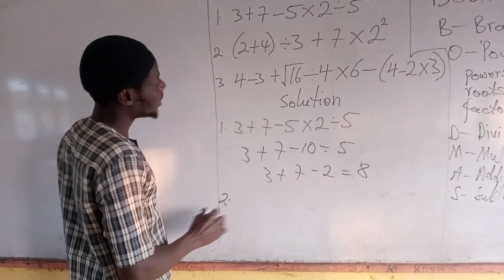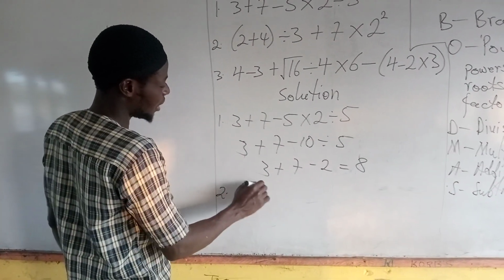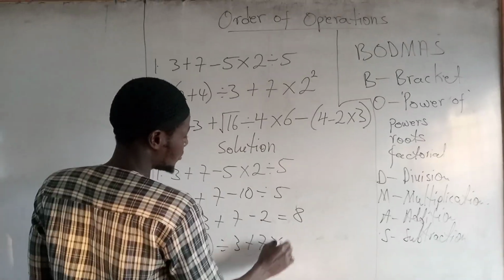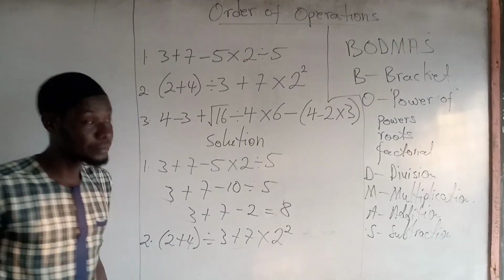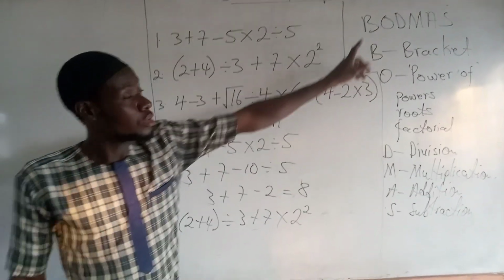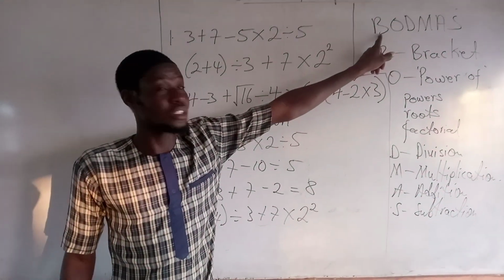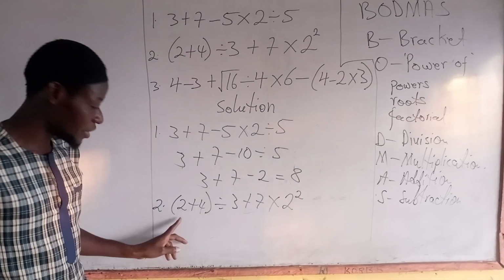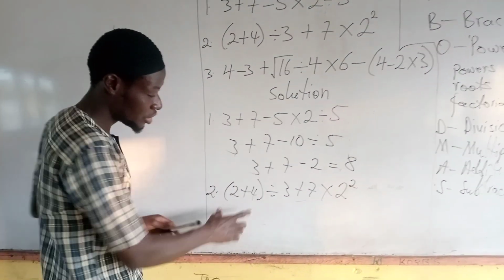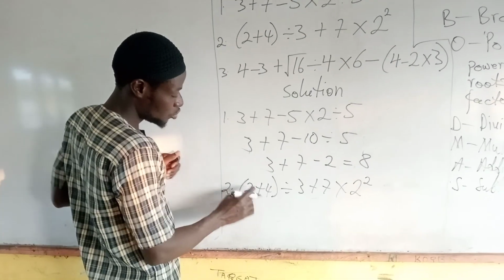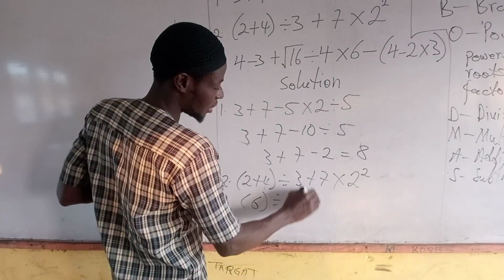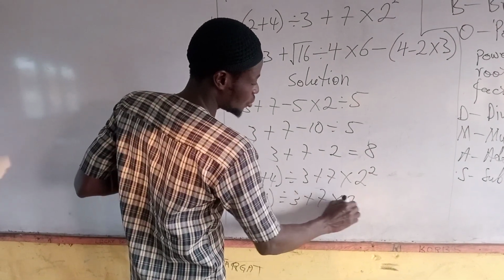Let's move on to the second one, which is (2 plus 4) divided by 3 plus 7 times 2 squared, 2 to the power 2. Here, still with BODMAS, you consider brackets. The expression in the bracket is 2 plus 4, so we take that one first. 2 plus 4 will give us 6, divided by 3, plus 7 times 2 squared.